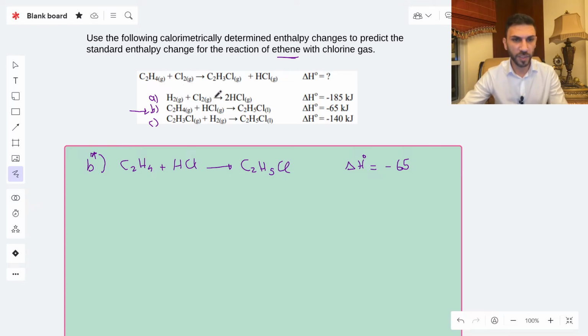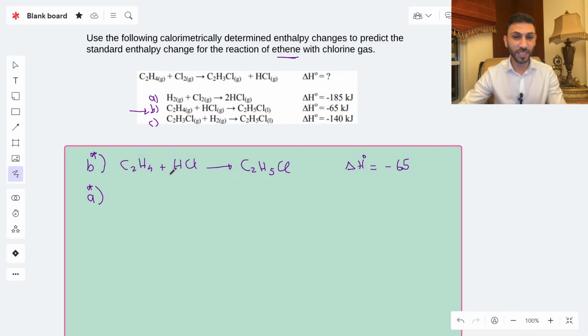We need HCl, which is 1 mole, but I have HCl 2 moles in this reaction. So I'm going to rewrite A to make it 1 mole.